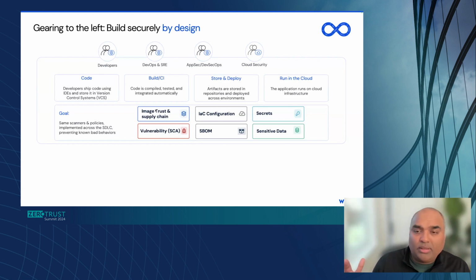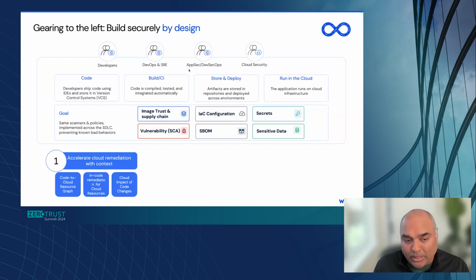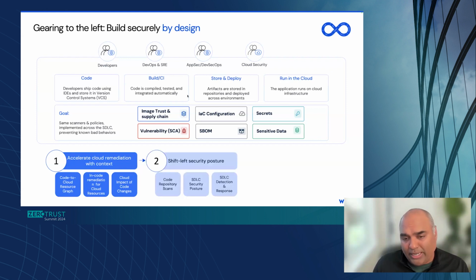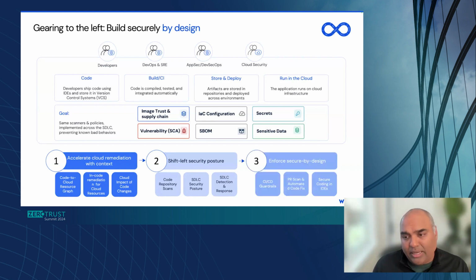Whether it's code, the build time, store and deploy, or even as applications are being deployed in a containerized world. The focus here as we shift left is to accelerate cloud remediation with context, shifting the security posture left, and enforcing secure by design, ensuring your code, your DevOps tooling, and your pipeline are kept completely secure.